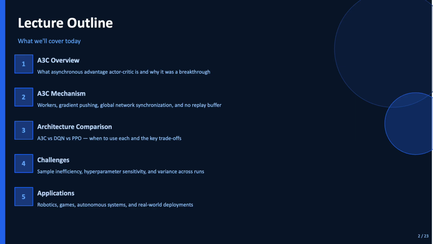A3C broke the bottleneck by running dozens of agents simultaneously, each in its own copy of the environment, all pushing gradient information to a single shared neural network.